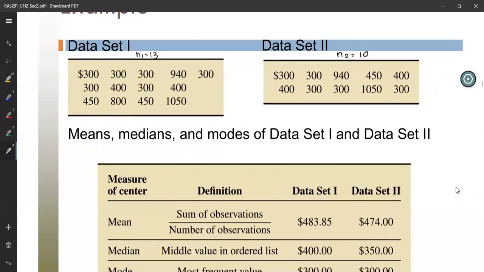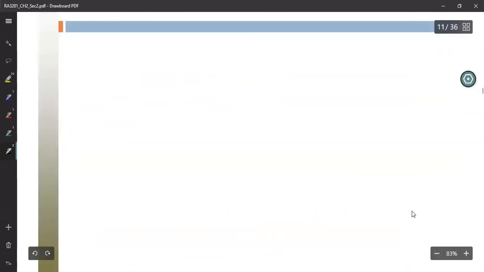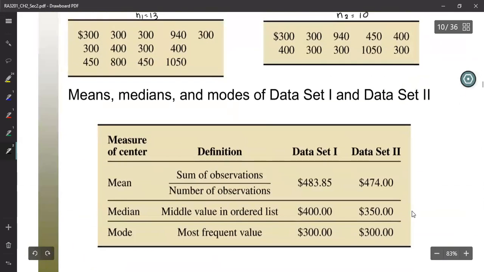We can do it as a discussion. Which one is better, or is there a better one? Or will that depend on the data set? What do you think? Cannot hear you properly.